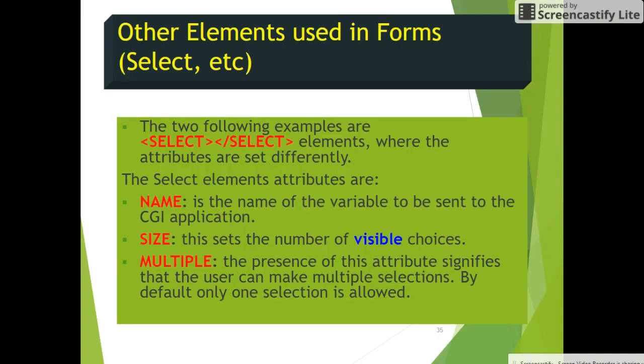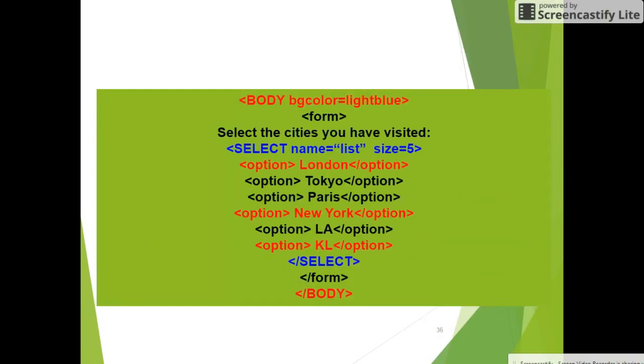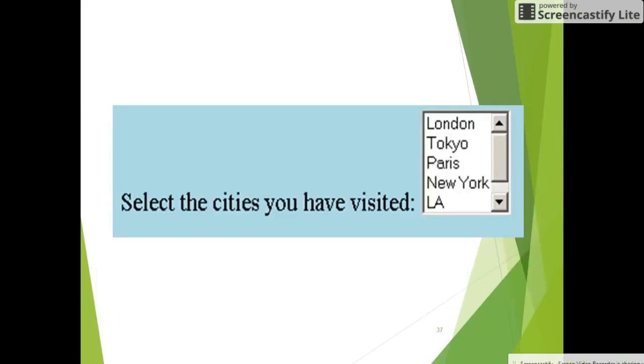So let us move to other form elements. One of them is select. Select is the most common element that is used to select from a given list of elements. It can have the following attributes: name, size, multiple. So let's see how it looks.